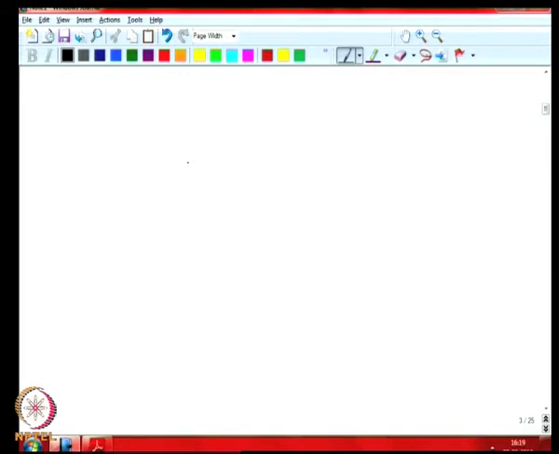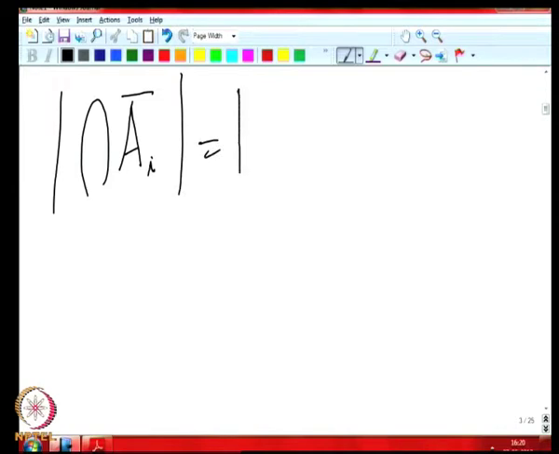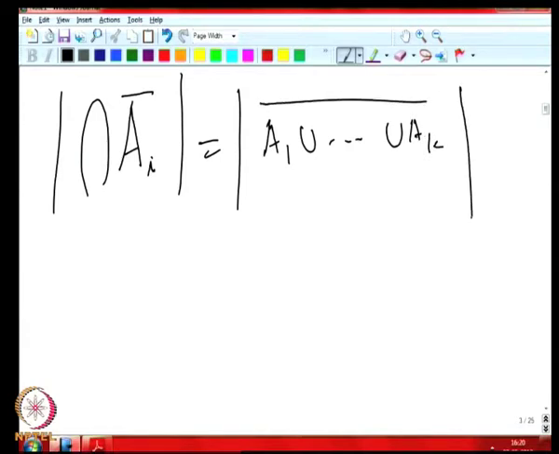We want those members in U which are not in any of the A_i to contribute exactly once, while those members in U, the universe, which are in at least one A_i should contribute only 0. Then only we will get the correct count we are looking for, namely the cardinality of the complement of this.